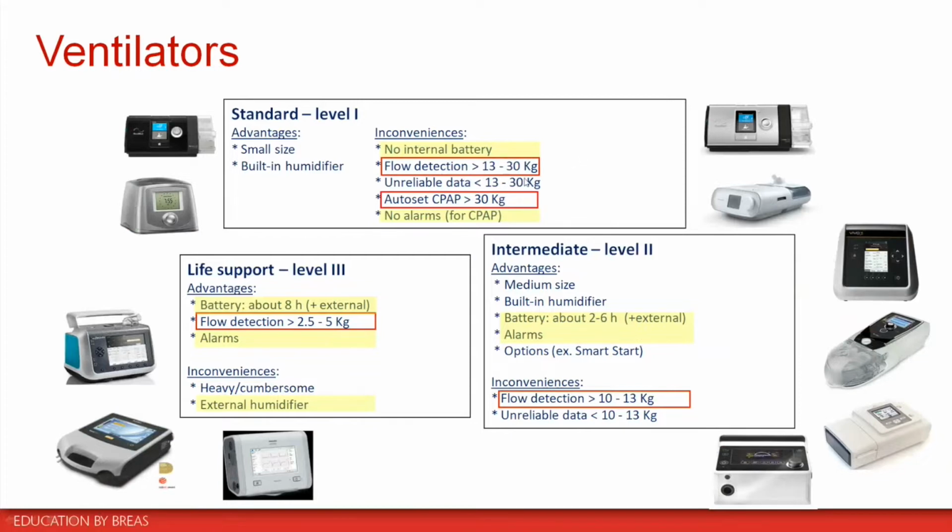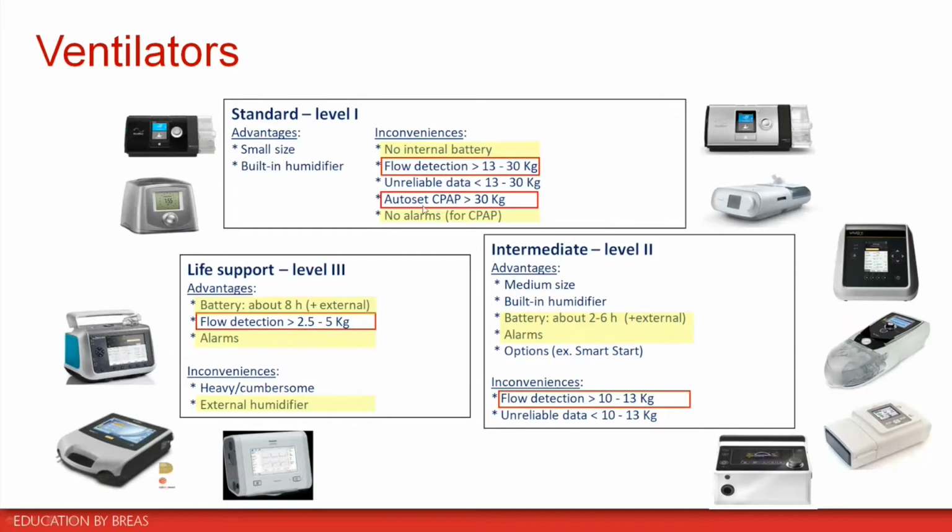The manufacturers talk about the weight of the patient, but the problem is not exactly the weight, but the capacity to detect the flow of the patient. Until now, we only have some indication concerning the weight of the patient. That means that if your patient does not weigh above this recommended weight, you won't have reliable data.